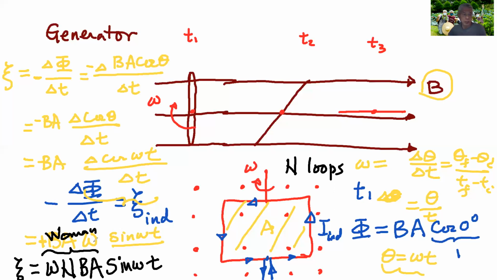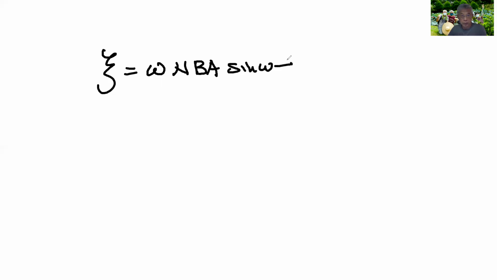So I'm going to clear that and just talk a little bit more about this equation. So epsilon is equal to omega NBA or WNBA, and then sine omega t. Okay, so if you want to make this change, let's say you want to make it larger, then one way to do it is to increase the angular velocity of the motion.